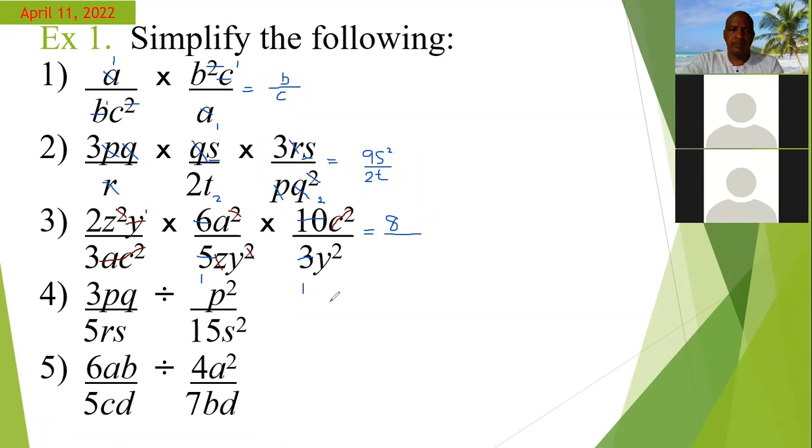You have Z, A, yeah, just Z. So we have Z in the numerator, A in the numerator. All right, so how do we arrange them in the result? Which letter comes first? A and Z, so we have A, then Z.